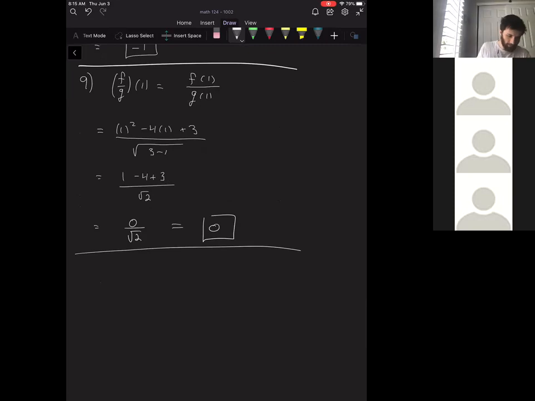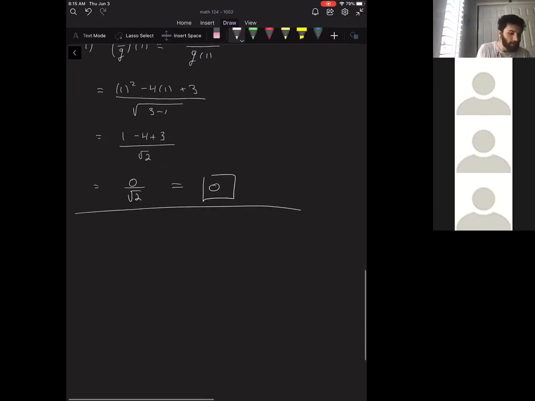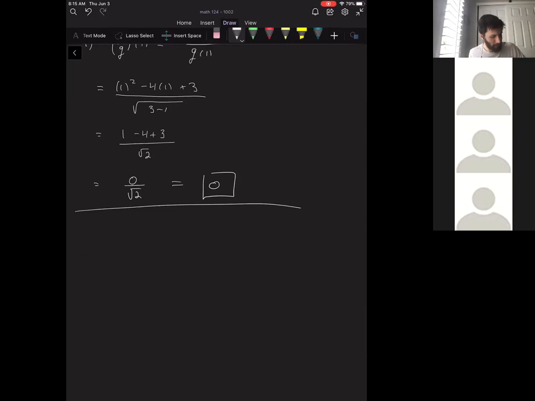Let's do some of the following. So we have 10 through 19, I believe, are all kind of similar. So let's do one of those. For these, we want f of x. We're going to change this.